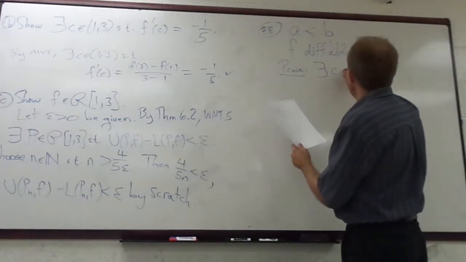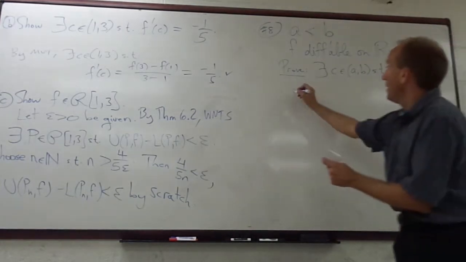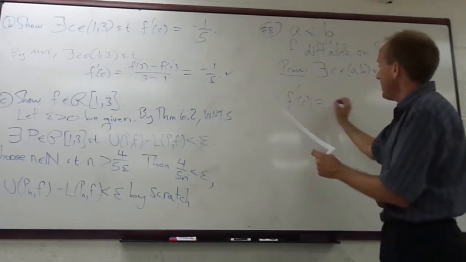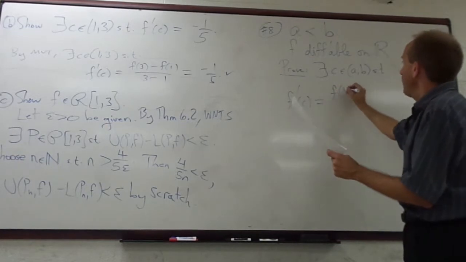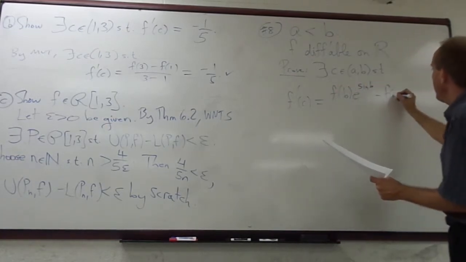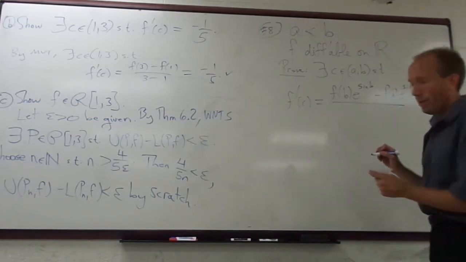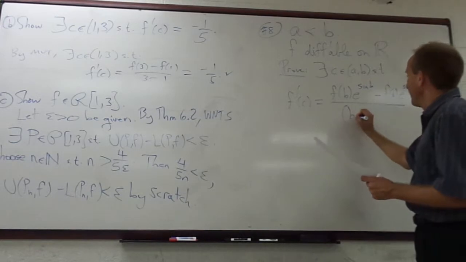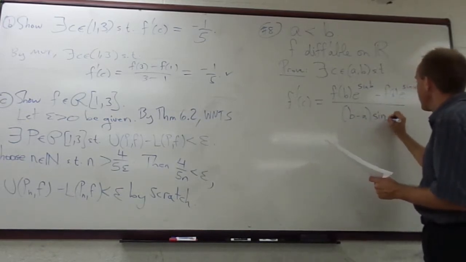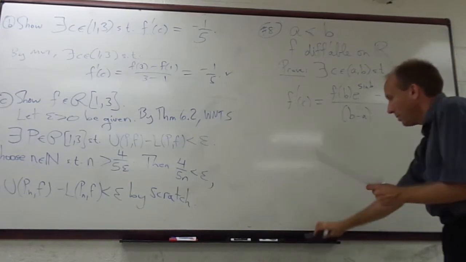Prove that there exists a c in the open interval (a, b) such that f prime of c is equal to f of b times e to the sine of b minus f of a times e to the sine of a, all over b minus a times e to the sine of c.